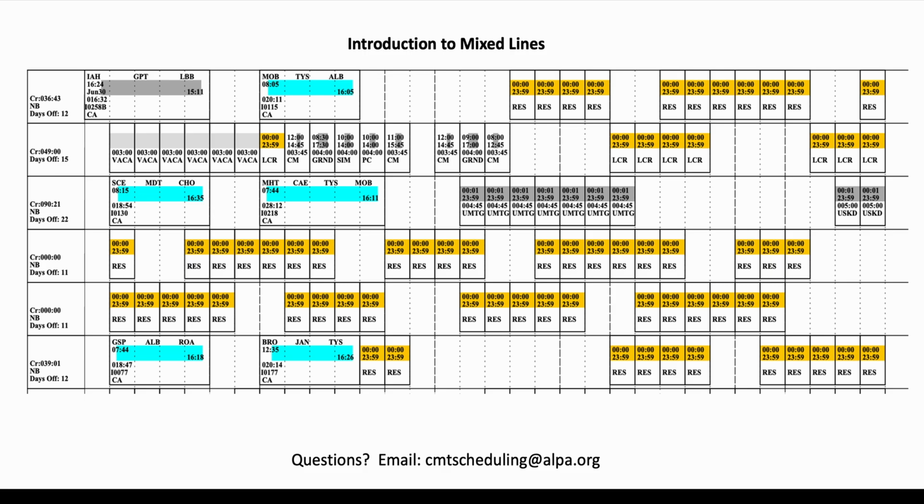The good news about this new system is it's hoping to minimize that shifting around of reserve days, because now the company is going to have adequate coverage, and these open time trips will have been mostly taken up by pilots who are interested in these mixed line monthly bids.